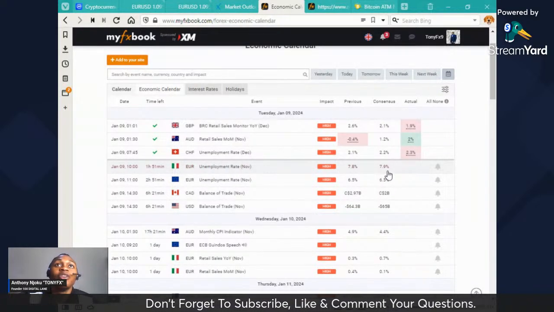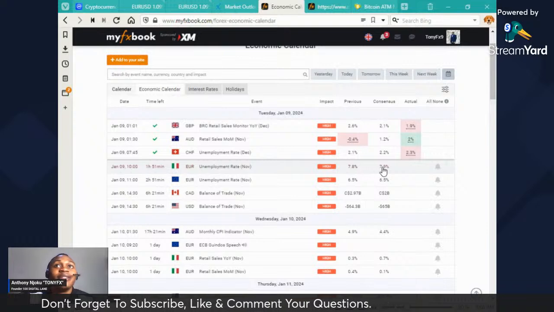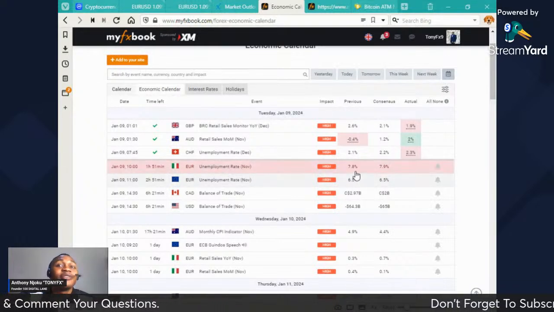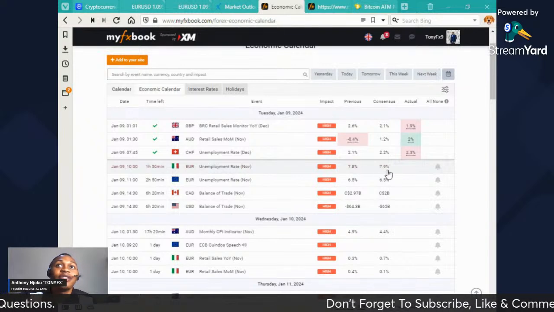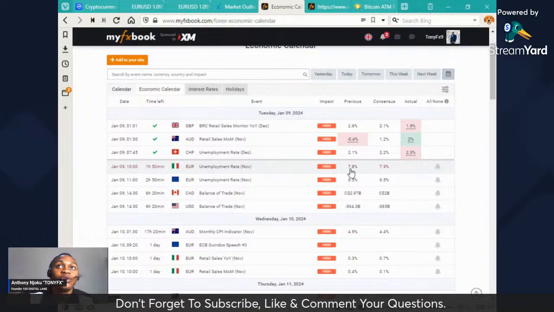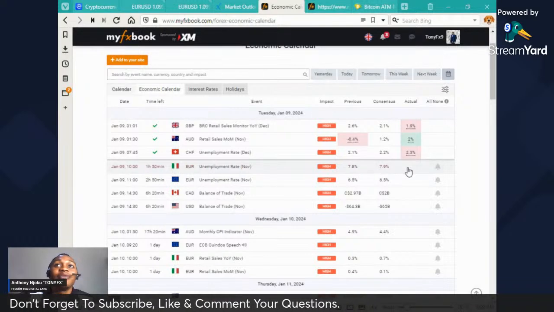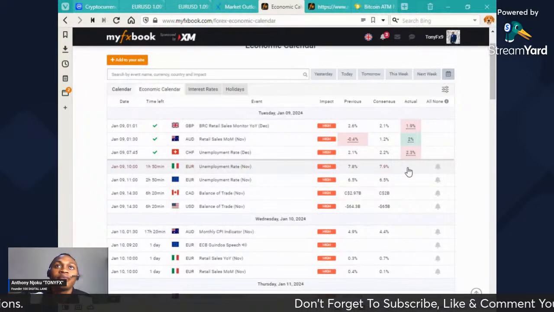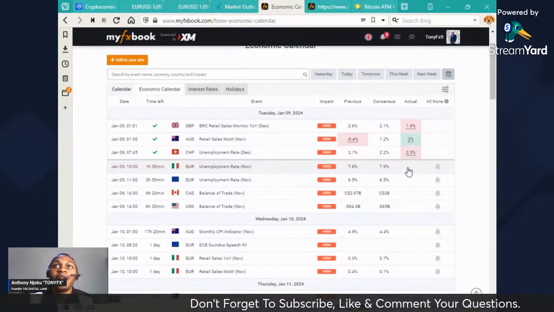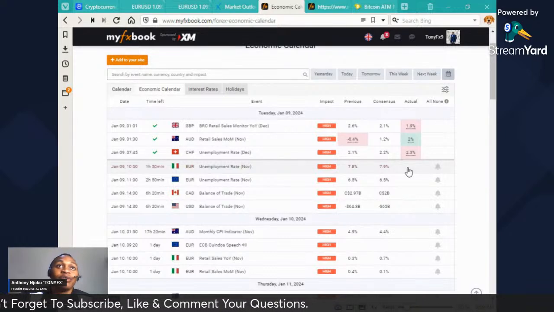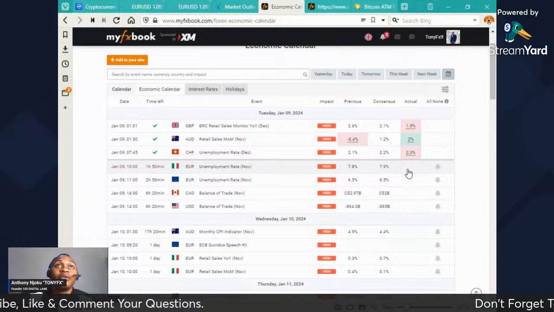But what if we get a figure that is exactly 7.9? The previous result was 7.8 and the consensus, which is 7.9, is still higher than the previous, which is 7.8. And if we get 7.9, based on the reaction we have seen in the market, yesterday was Monday and today is Tuesday, the market has been bullish for Euro, okay.